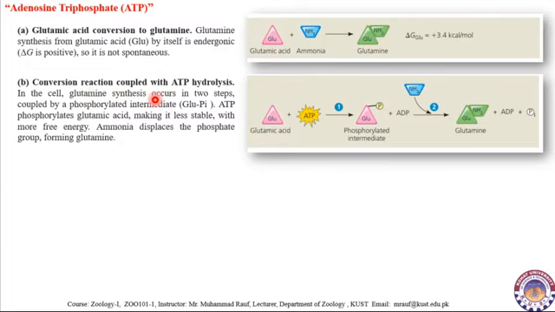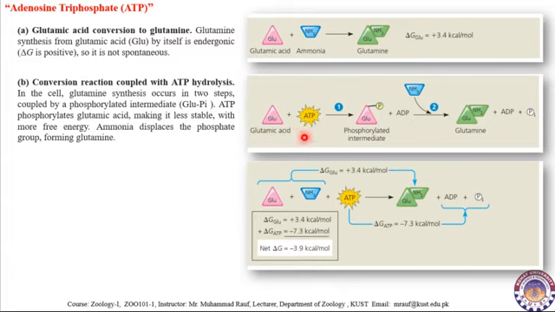This inorganic phosphate attaches to the intermediate, the glutamic acid, and then the glutamic acid is in an excited, less stable state, and now the reaction can proceed forward. It can readily react with ammonia and form glutamine, and the ADP and inorganic phosphate are recovered back.